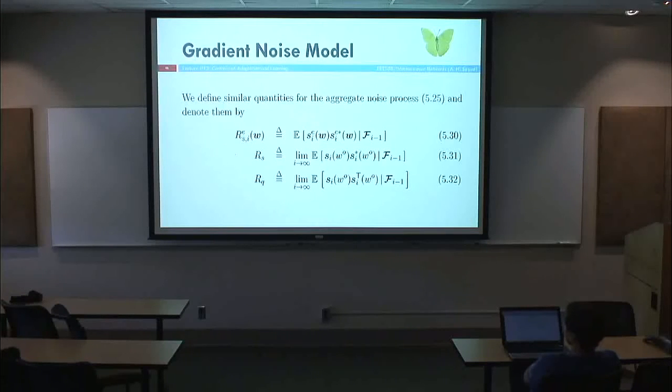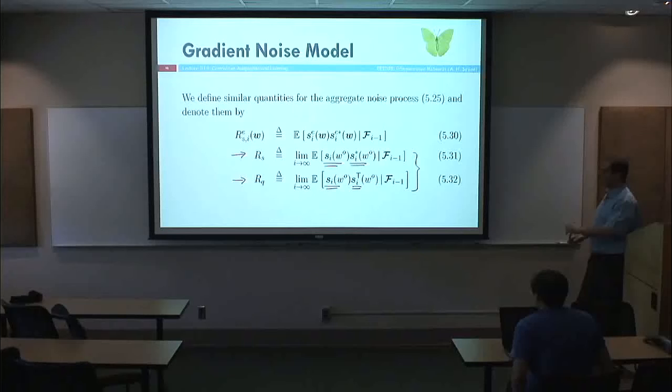So I'm interested in finding RS and RQ. You see, these are the covariances or the moments for the gradient noise, the aggregate gradient noise, S. There is no k here, right?